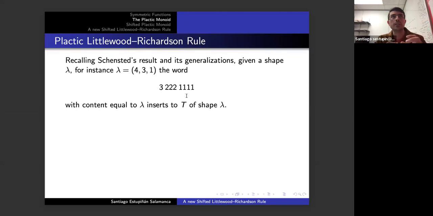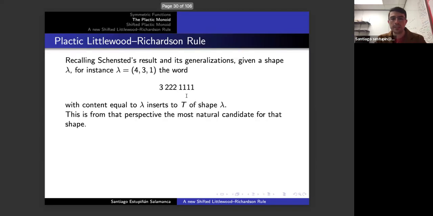Something interesting, or the reason that they are very useful, is because as you find the insertion of the Yamanouchi word that has content lambda, this is precisely a tableau that has shape lambda. If you think of the original motivation for the insertion algorithm by Schensted, this is a very natural family of words. I feel many times these are introduced, but the reason that they are natural is not very well explained.